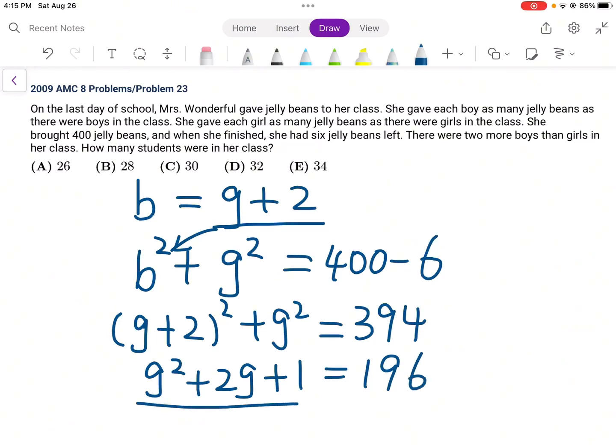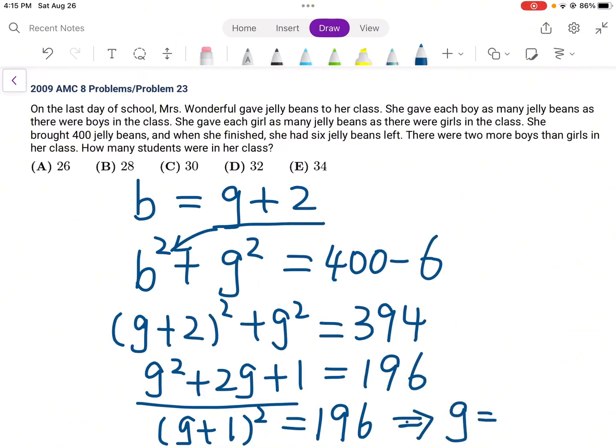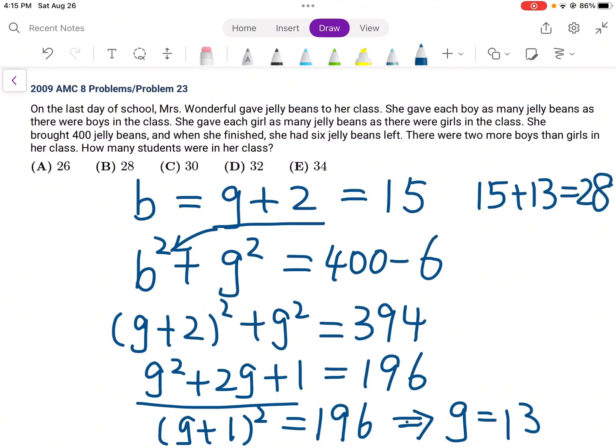And this part equals G plus 1 squared equals 196. From here, we can solve it. We get G equals 13. Therefore, B equals G plus 2 equals 15. And the total number will be 15 plus 13 equals 28 students. The answer is B.